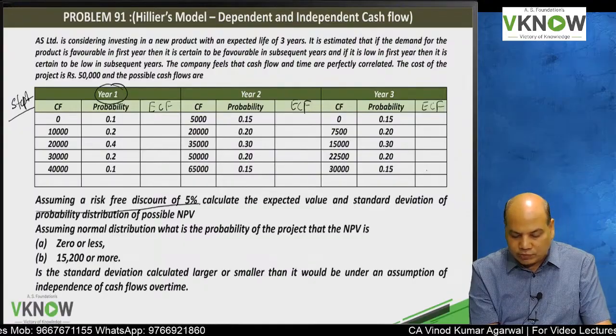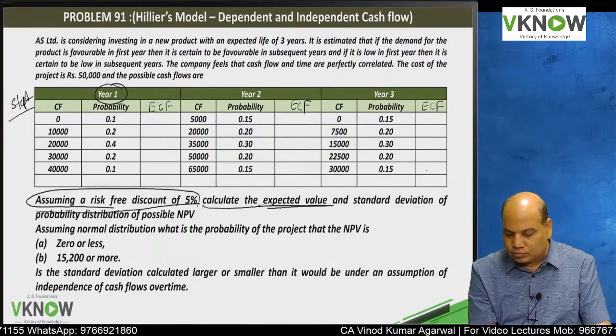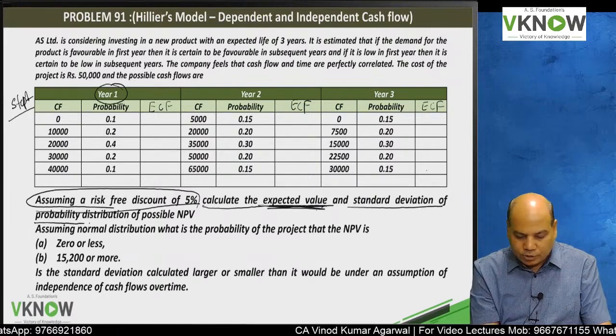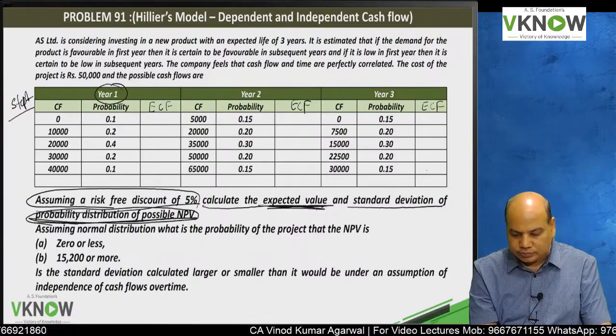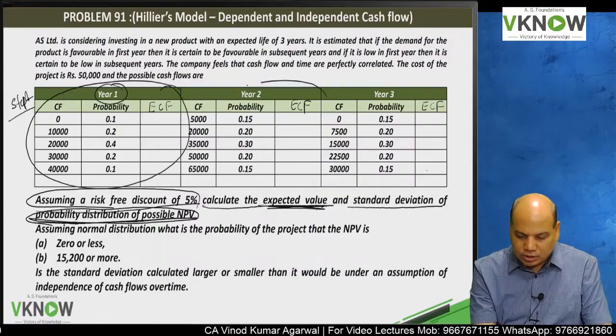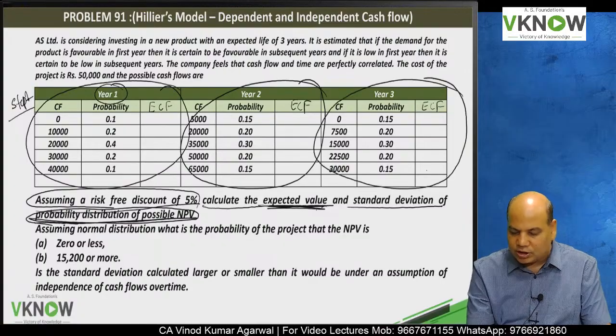Assuming a risk-free rate of 5%, that is your discount rate, calculate the expected value and standard deviation of probability distribution of possible NPV. Now this time there are 3 different years and there are different probabilities for each year cash flow.